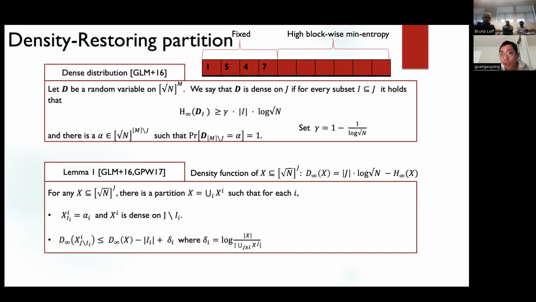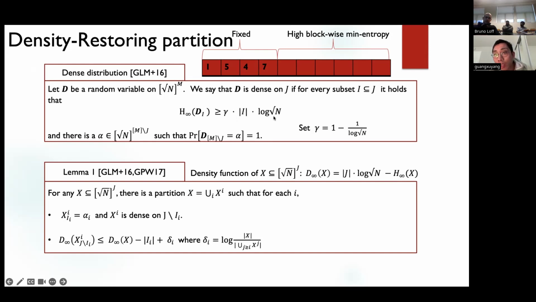But what's the maximum density? Oh, it's M log, I see. This is the full entropy, if you don't consider gamma. For the uniform distribution, they have this, very close to maximum.